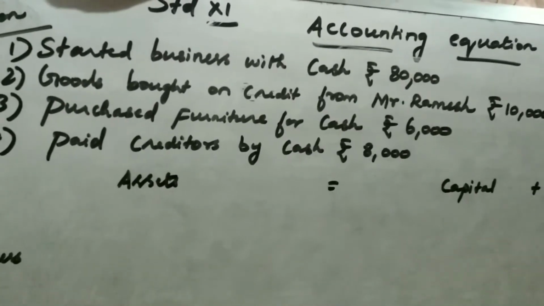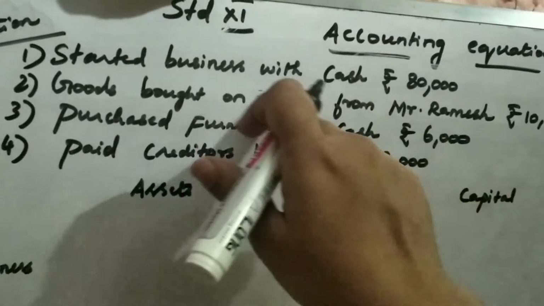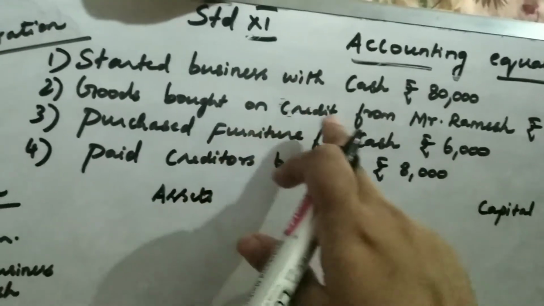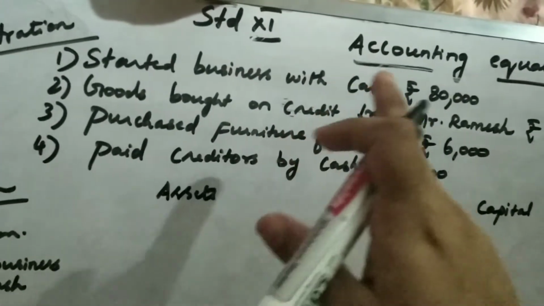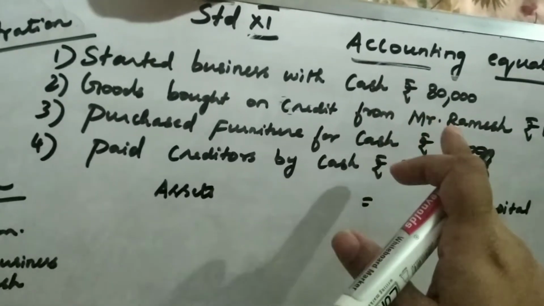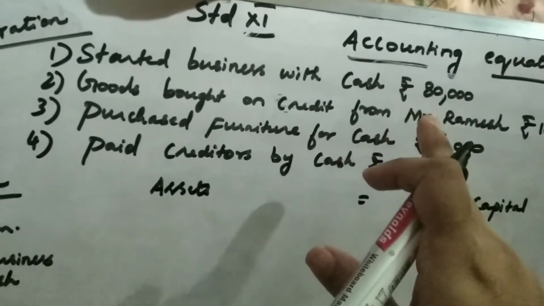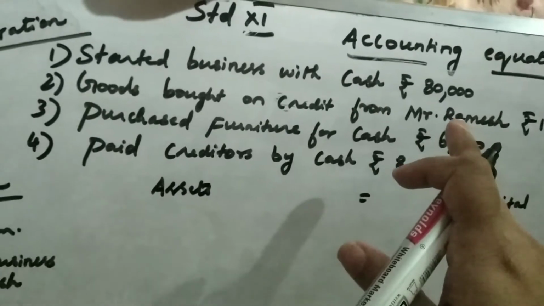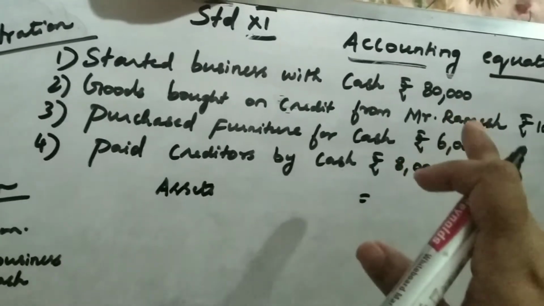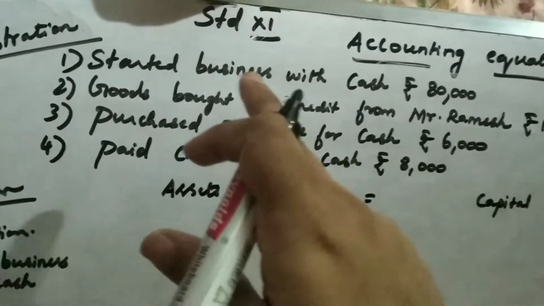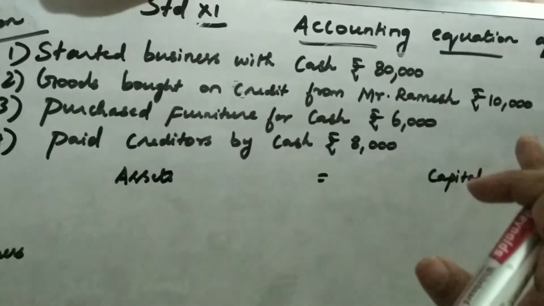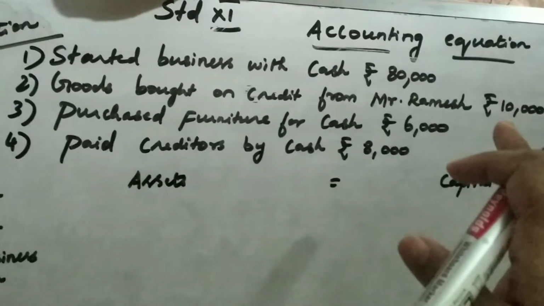You have the word credit, which means we are not going to make the payment immediately. Till we make the payment to Mr. Ramesh, he will be our creditor. There is an increase in the goods as well as the liability.